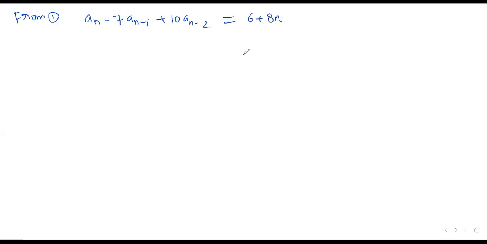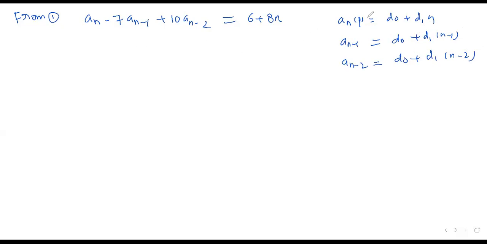In this equation 1, at the place of an, we have to substitute d naught plus d1 into n. But what is an minus 1? If you require an minus 1, at the place of n substitute n minus 1.